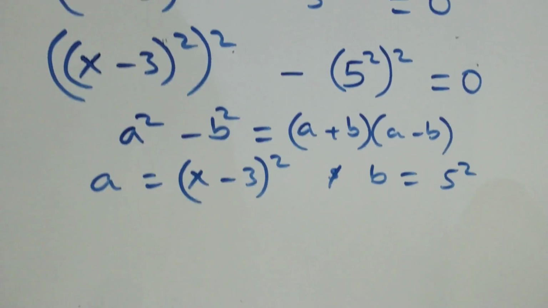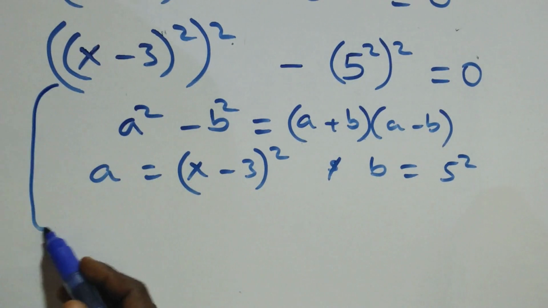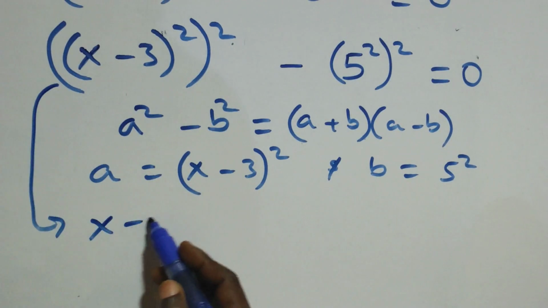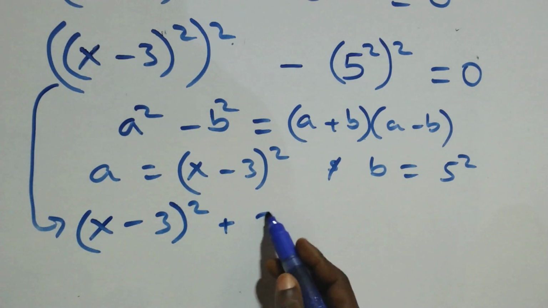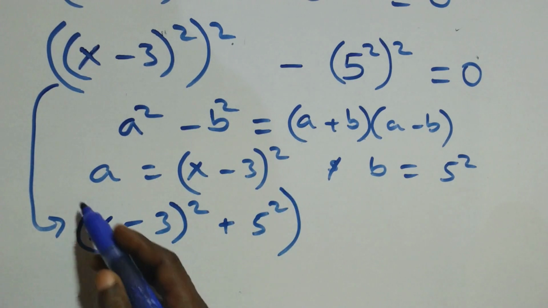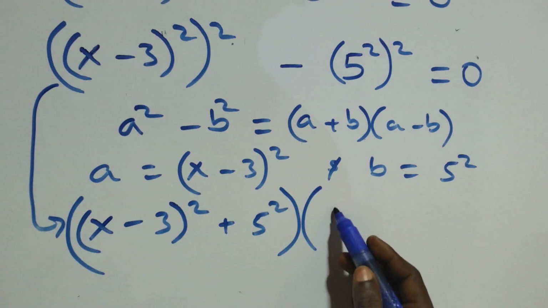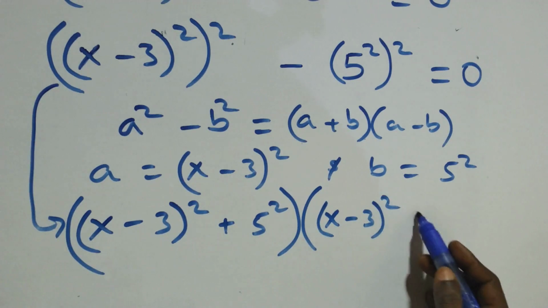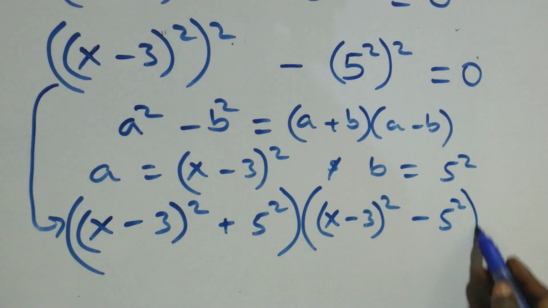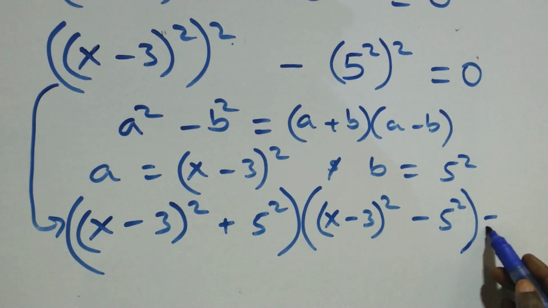Then what we have here becomes ((x minus 3) whole square plus 5 square) into brackets and also open brackets ((x minus 3) whole square minus 5 square) close brackets then equals to 0 here.